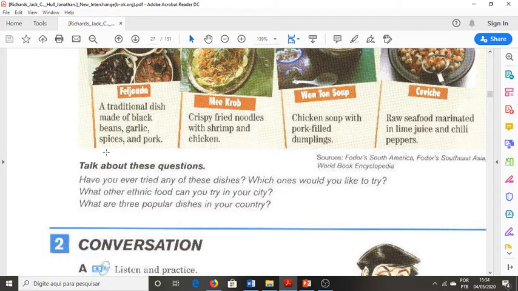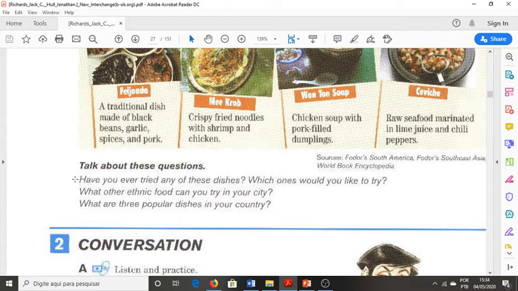And if you notice, usually the pre-teaching and warm-up activities subtly bring the grammar point to be studied. Like here, have you ever tried any of these dishes? So present perfect is already here, so they are being introduced to present perfect without explanations.